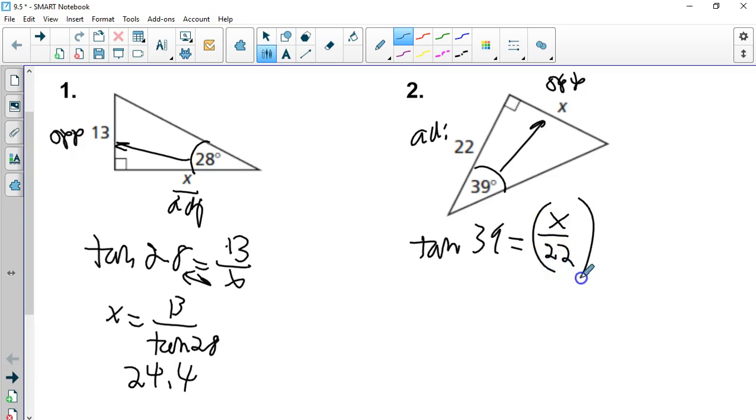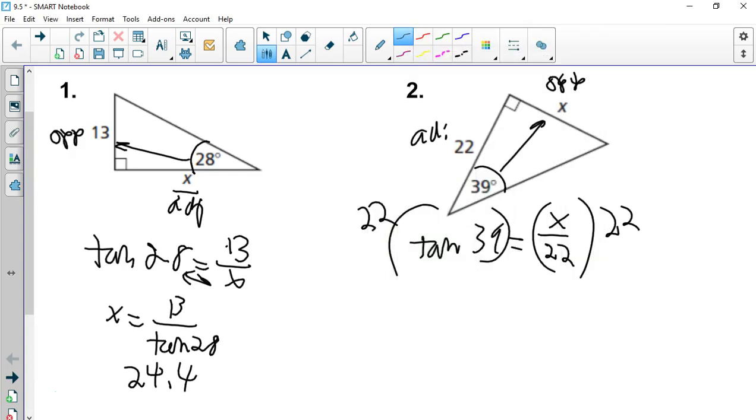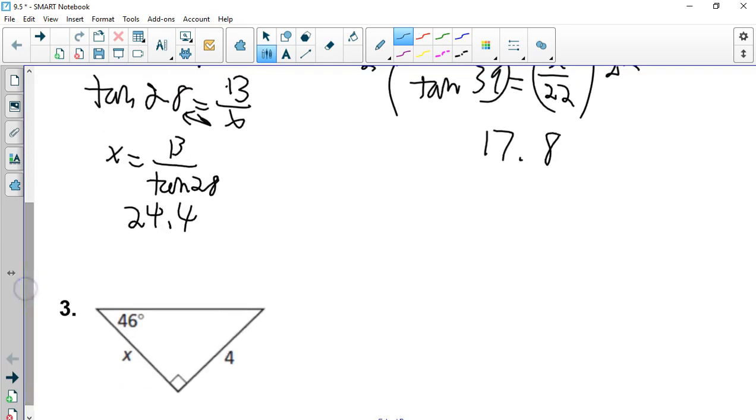In this case, you simply just multiply by 22 on both sides, and again, you just type in your calculator 22 times tangent of 39. And again, we're going to round to the nearest tenth, so 17.8. And I'm going to leave number 3 down here if you want to actually practice the same type as number 1.